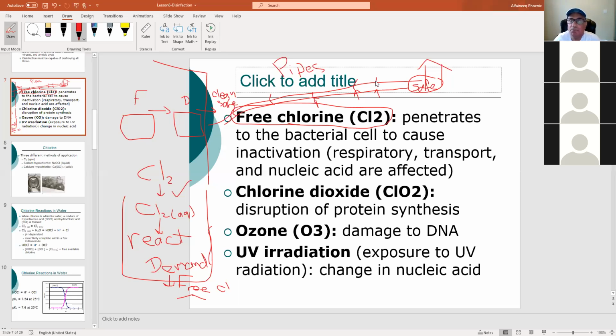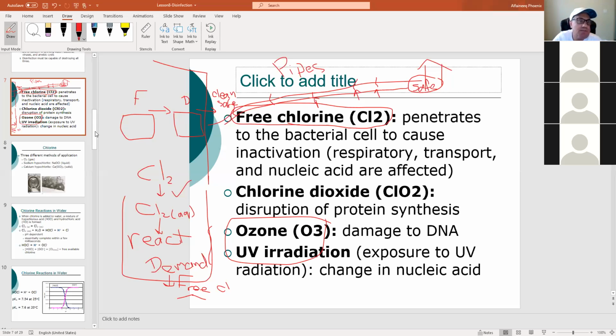I think this is why the Environmental Protection Agency recommends that if you use ozone or UV, you need to use some chlorine with it anyway. You cannot just use them alone.